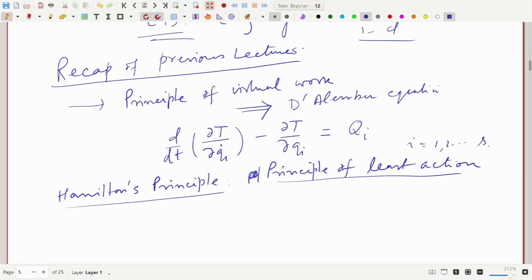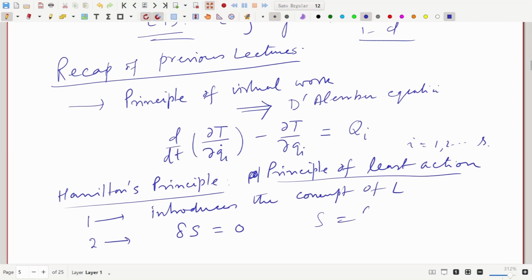The first part introduces the Lagrangian, and the second part says that a classical system will follow the path for which δS will be 0, that is, S will be extremum, where S is the action of the system, the line integral from the initial point to the final point.